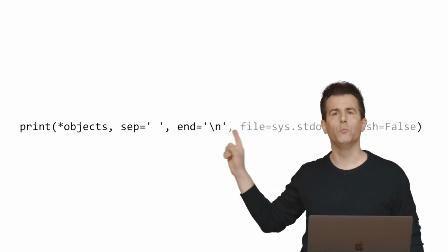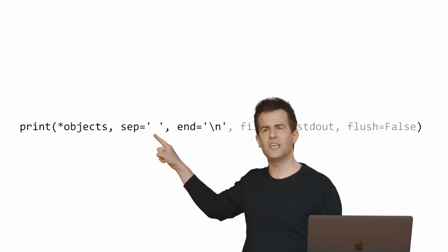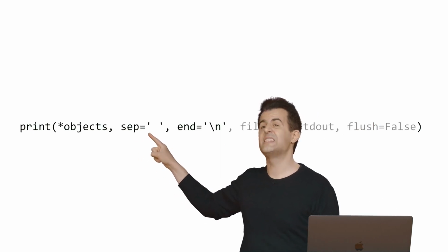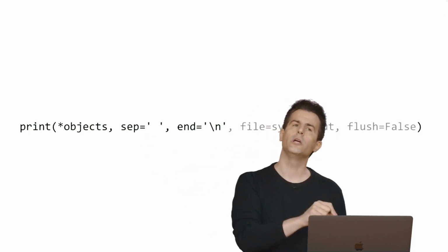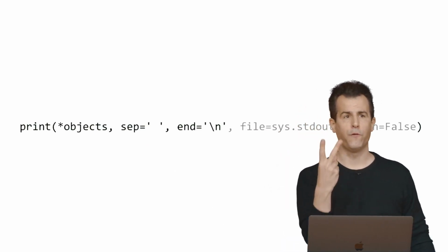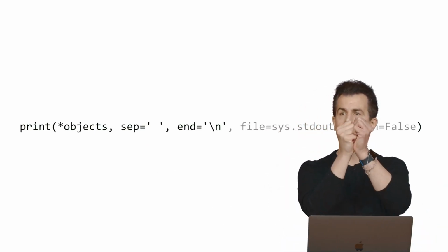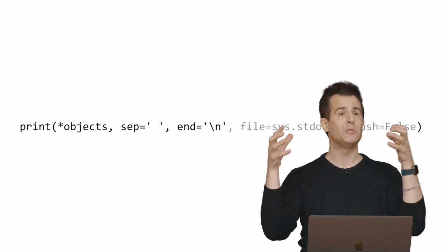Now, by that logic, let's move backwards. Sep, for separator. The default value of separator is apparently a single blank space. Where have we seen that? Recall in an earlier example when I passed in not just one, but two arguments to the print function, they magically had a space between them. In fact, they had that space plus my own space, and that's why I deleted my space, because at that point it was extra.